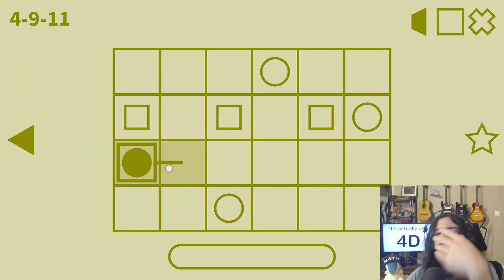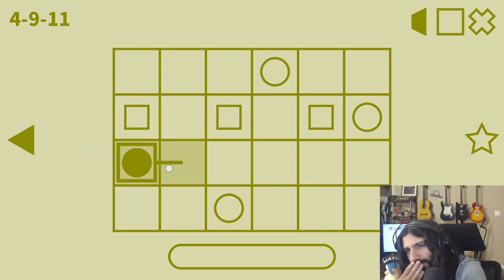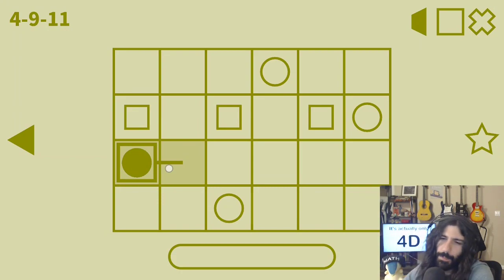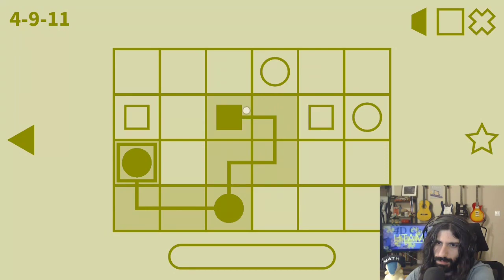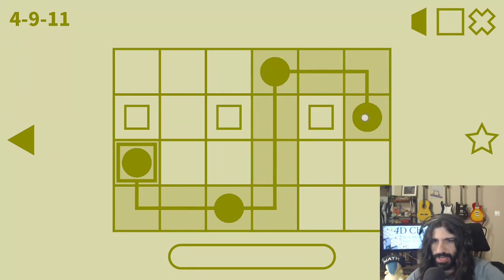So let's start on the end, because why not? And so we have to cut through one of these, right? Okay, let's just naively connect the dots and see where that leaves us.